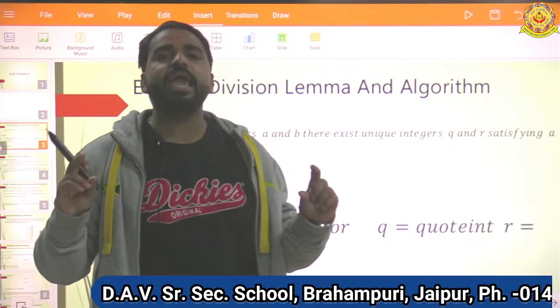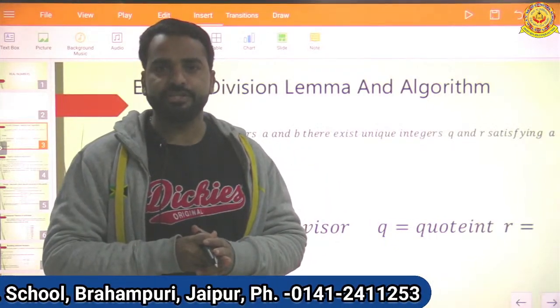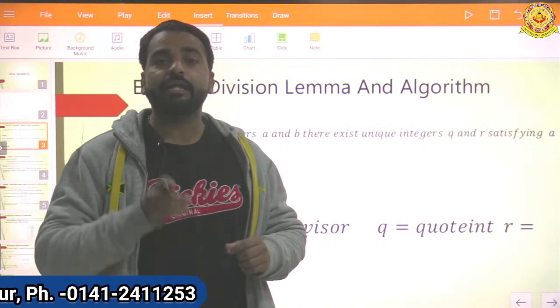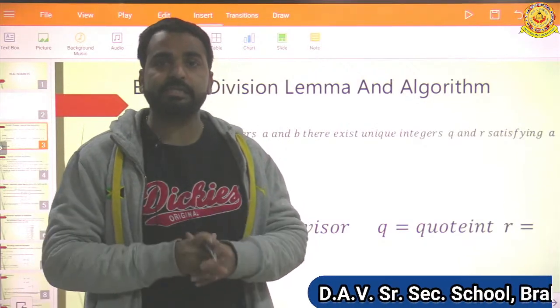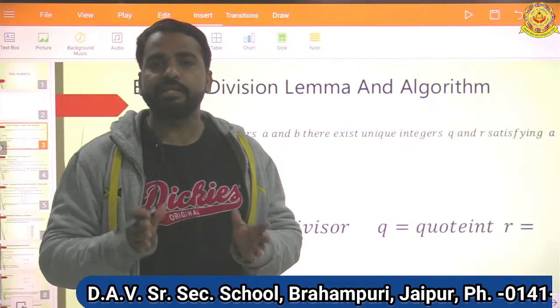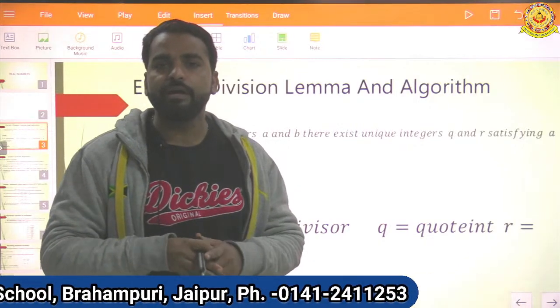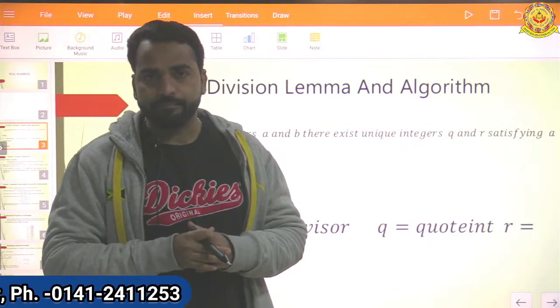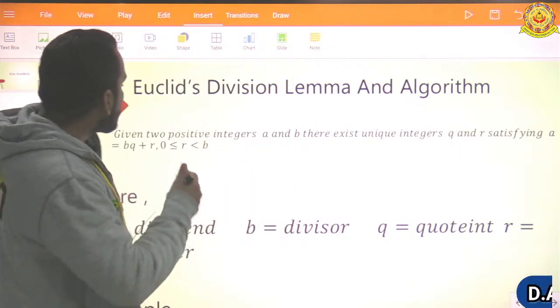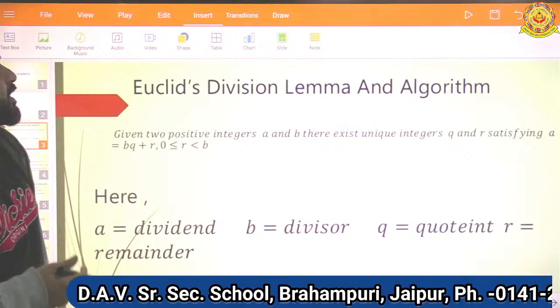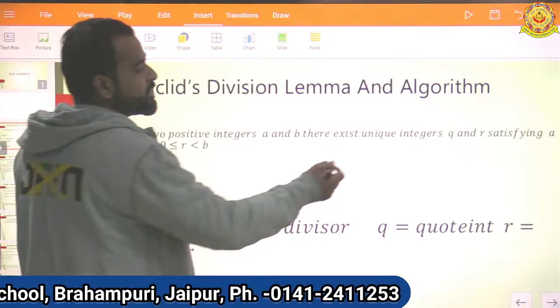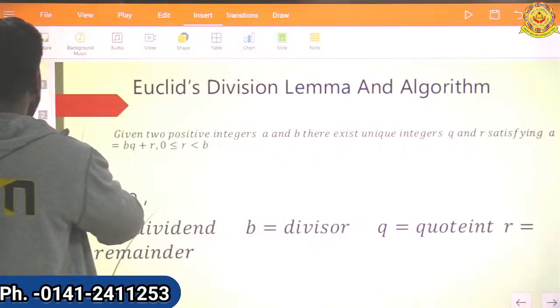So if a and b are two positive integers, then q and r are numbers which exist for a and b. Euclid says that given two positive integers a and b, there exist unique integers.